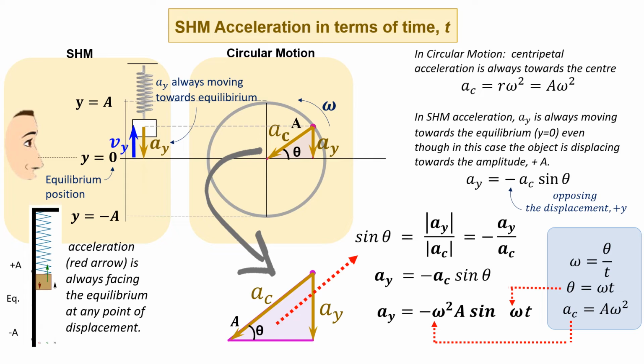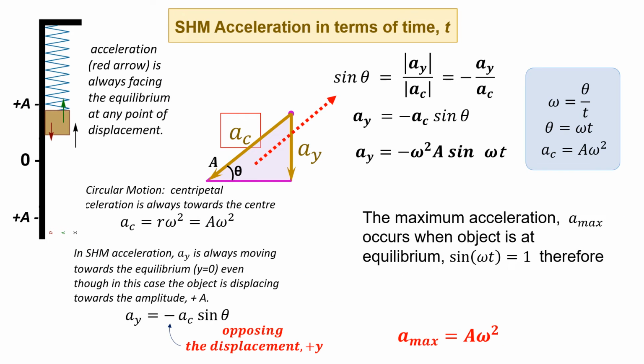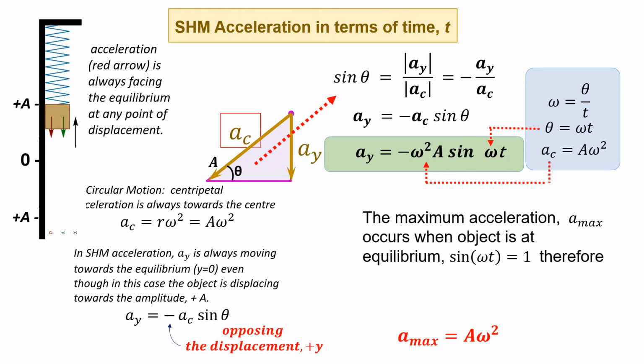AY become AY is equal to minus omega square A sin theta. Okay. Look at AY is equal to minus omega square A sin omega T.